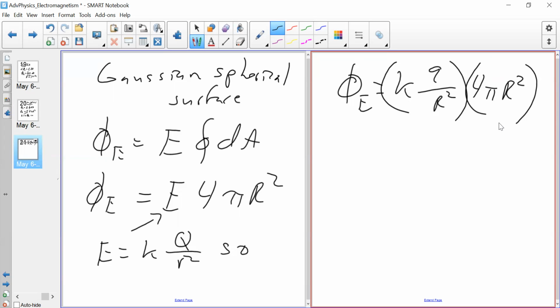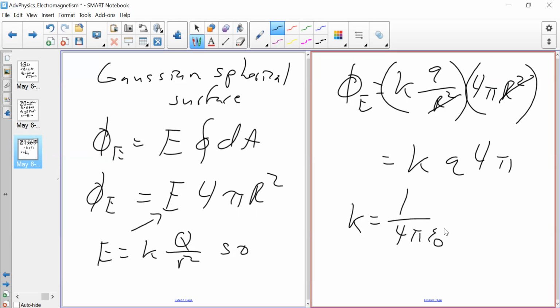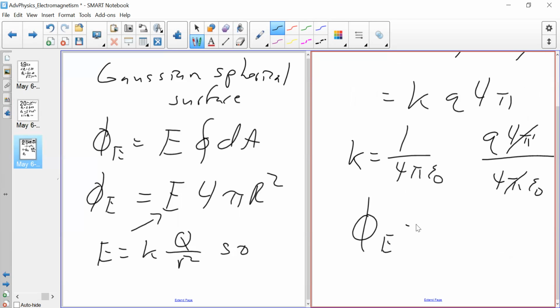Yep, totally. So we get rid of that, and this is k q times 4 pi. And good looking ahead, because we know that k is equal to 1 over 4 pi epsilon naught. That becomes q 4 pi over 4 pi epsilon naught, and you're right on it. The electric flux for a point charge is q over epsilon naught through some Gaussian surface.